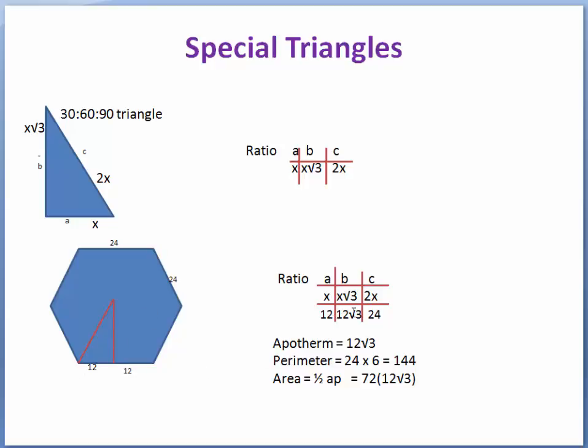So the ratio of B would be 12 square root of 3, and C, which is this hypotenuse, would be 24. The area is given by half A, which is the apothem, multiplied by the perimeter.